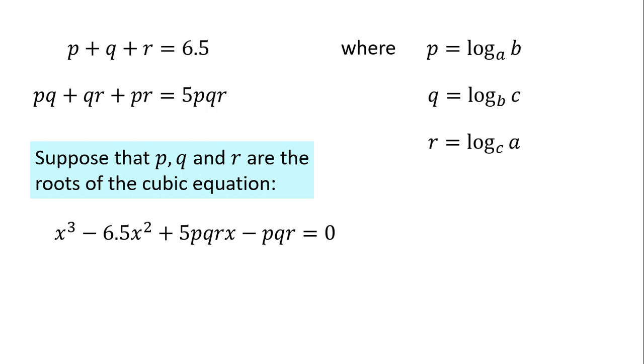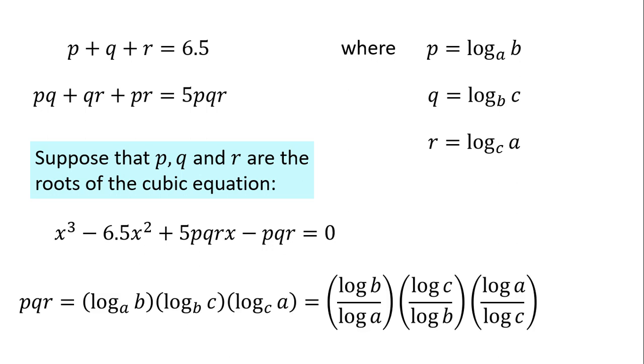Now, if we can find the value of PQR, then we can reduce the problem to finding the roots of this cubic equation. So how can we find the value of PQR? Let us consider multiplying P, Q, R. If we do this, we will have log of b to the base a times log of c to the base b times log of a to the base c.